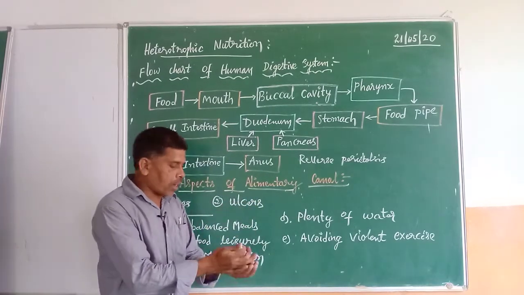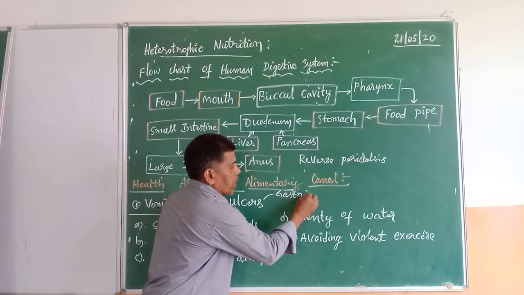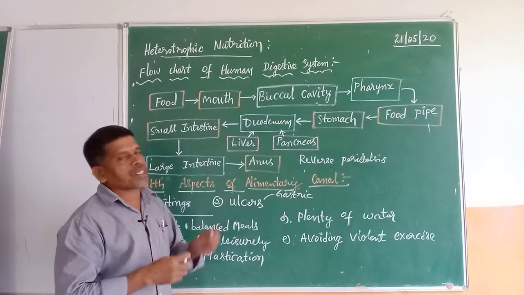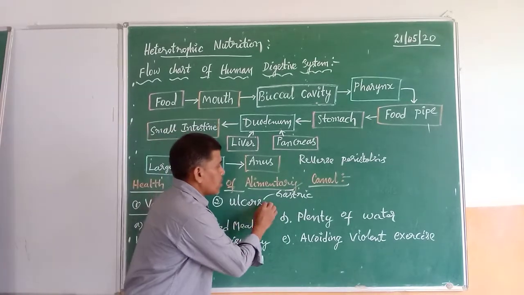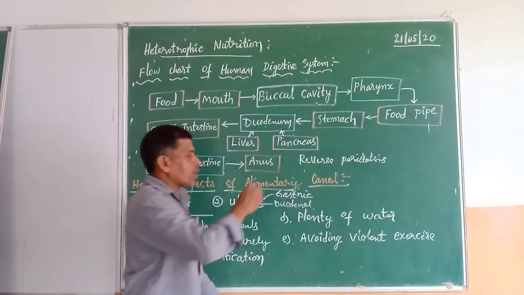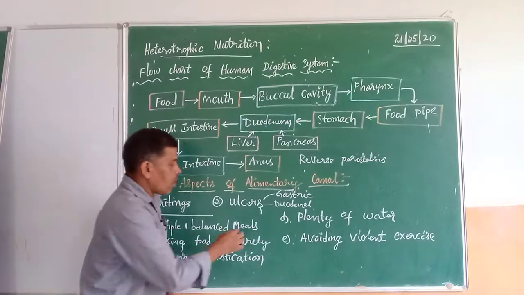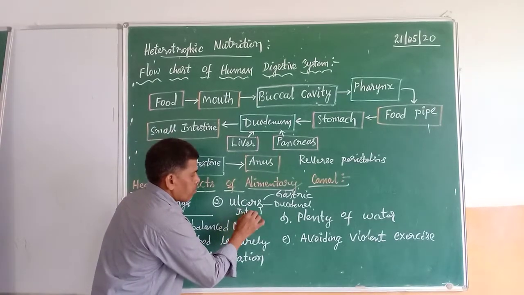Ulcers are further divided into gastric ulcers, which take place in the stomach, duodenal ulcers, which take place in the duodenum, or intestinal ulcers, which take place in the intestine.